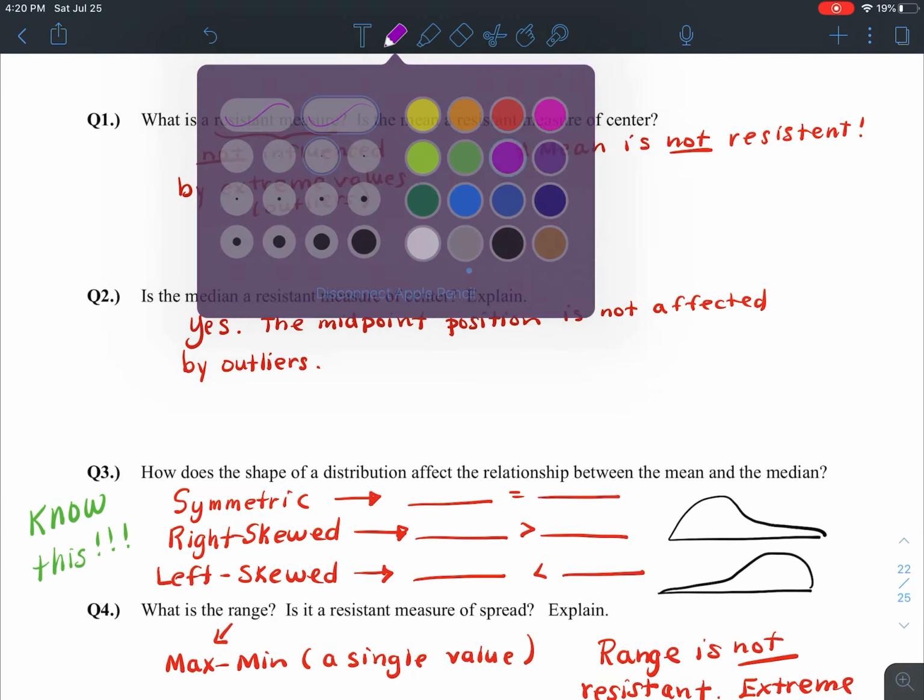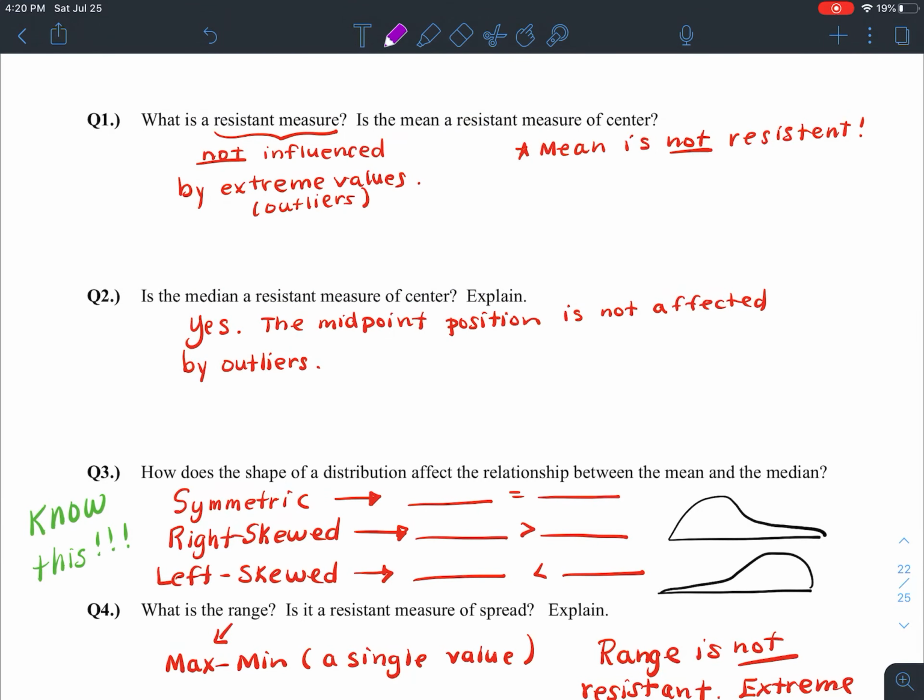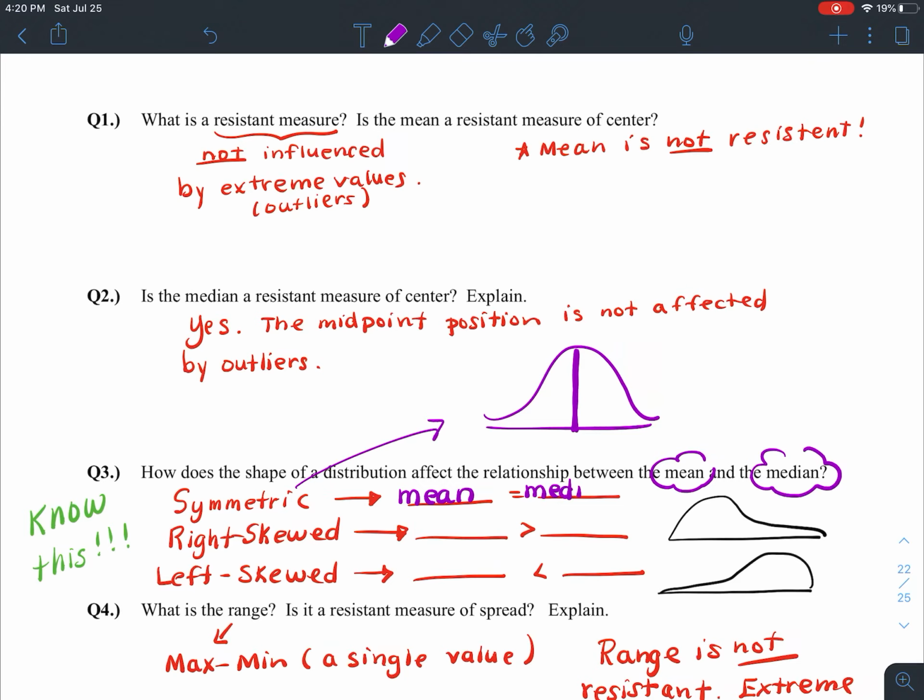Now, this next part is very, very important. It says, how does the shape of a distribution affect the relationship between the mean and the median? If your data set is symmetric, if it is truly symmetrical, your mean and your median are both the exact same. If it's symmetrical, that is when the mean and the median are exactly the same.